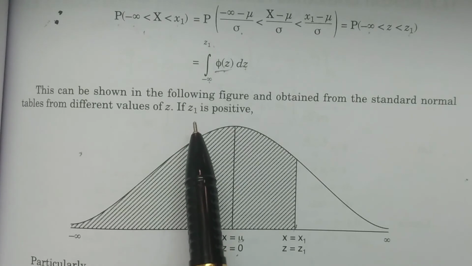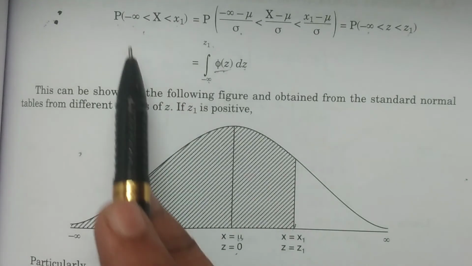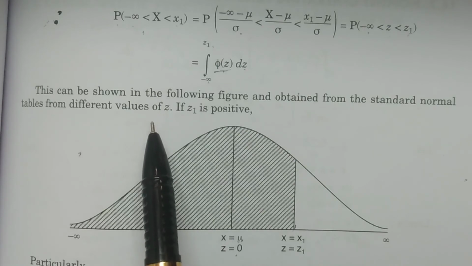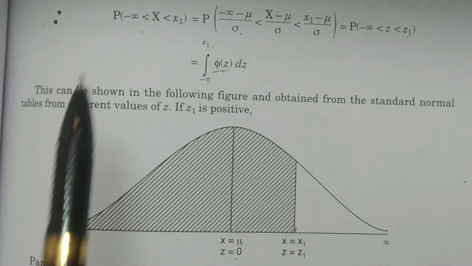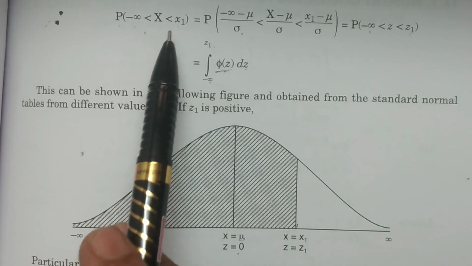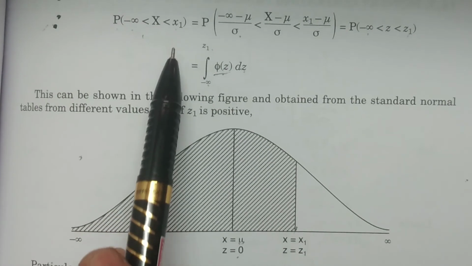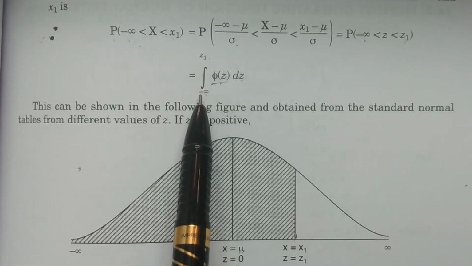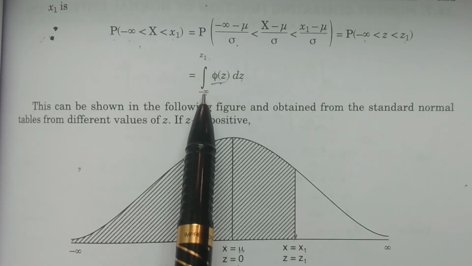The probability from minus infinity to x1 can be obtained from the different values of z. Please remember, whatever the value of x, it is going to be converted in terms of z, because tables are constructed for different values of z.